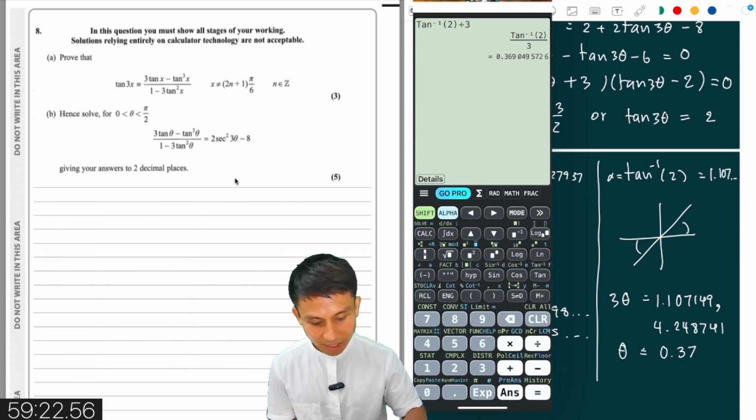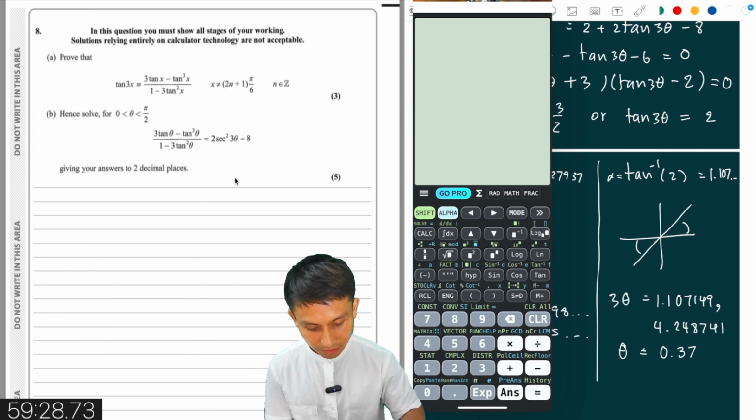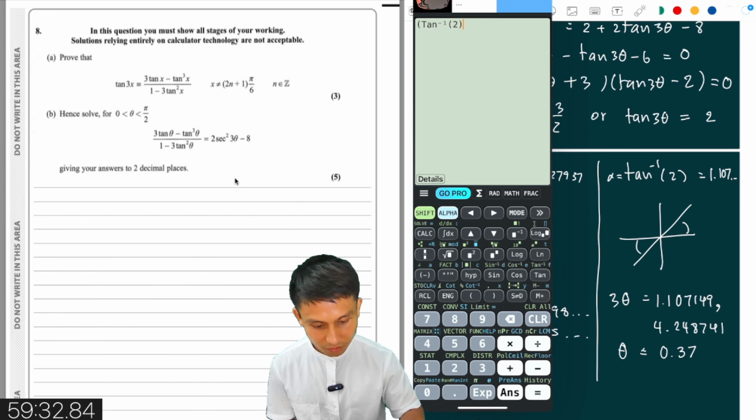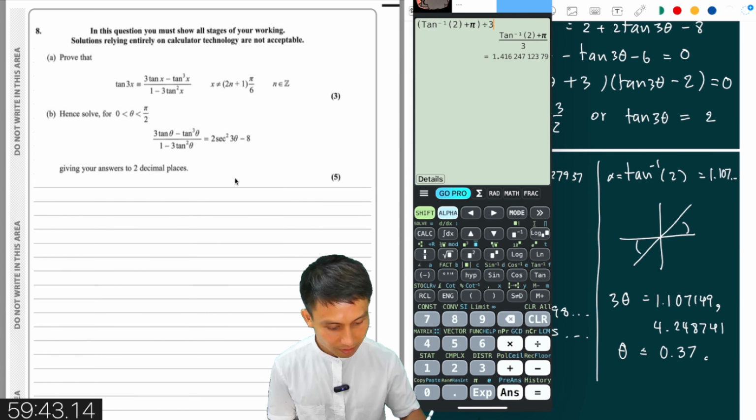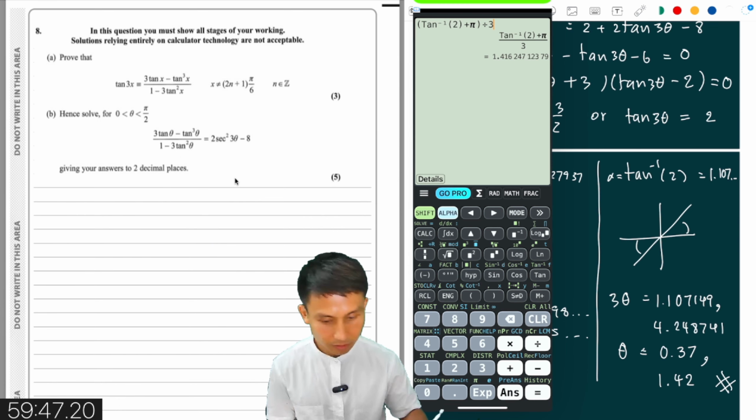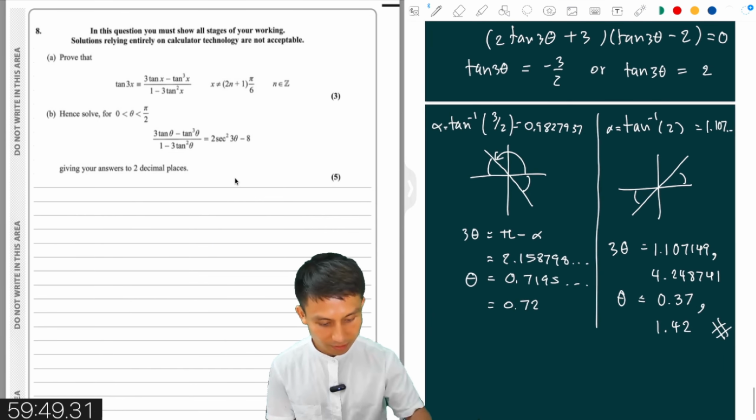Yeah, and the other one, if you do brackets arctan 2 and then plus pi, that's the other one before dividing by 3, and now divide by 3, I get this. Yeah. So that's 3 answers, right?